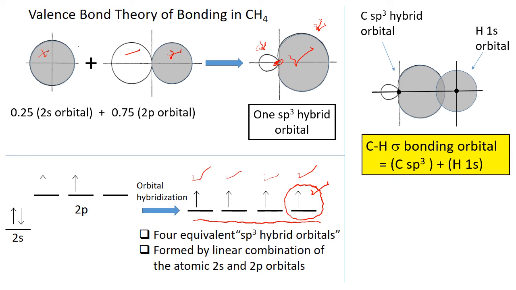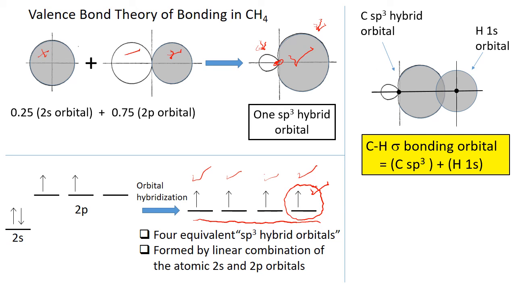I take one of my sp3 orbitals on carbon, I overlap it with my 1s orbital of hydrogen, and these two together form a CH sigma bonding orbital consisting of the carbon sp3 hybrid plus the hydrogen 1s. So that's what valence bond theory tells me that bonding orbital looks like.